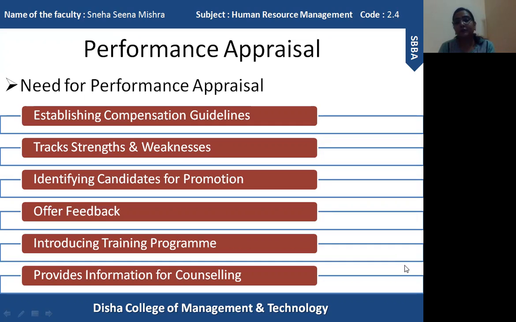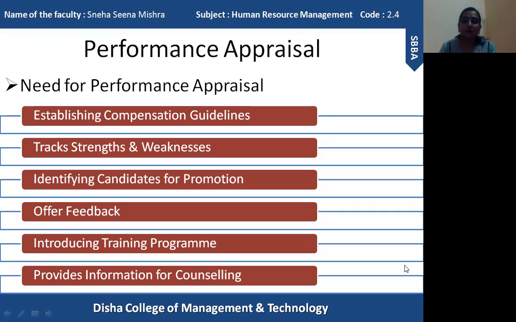But what if a person's performance is exceptionally good, doing extremely well in his or her job? Those people also deserve something extra, whether in terms of some kind of reward or benefit, any monetary or non-monetary reward.